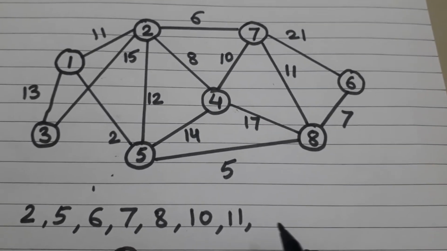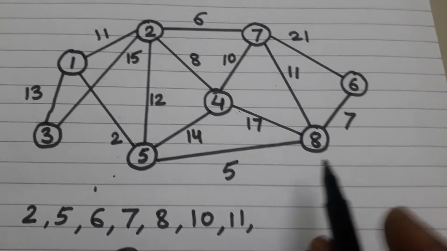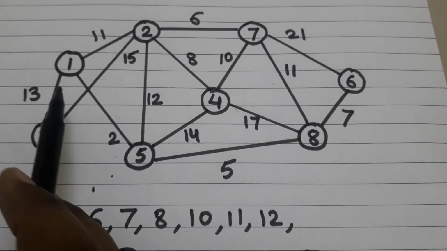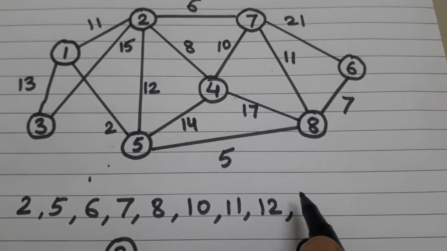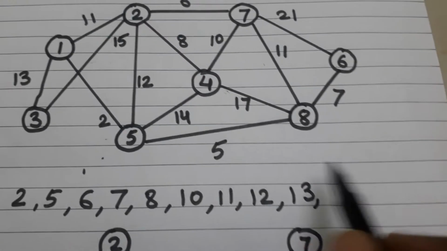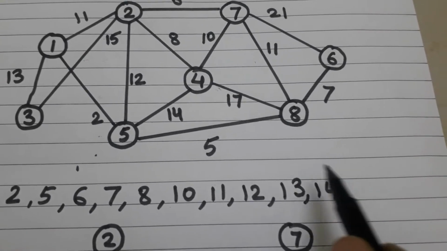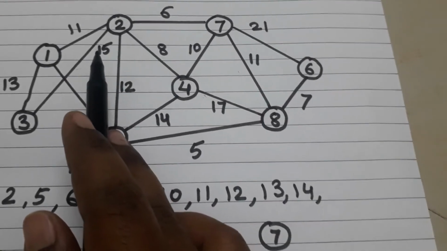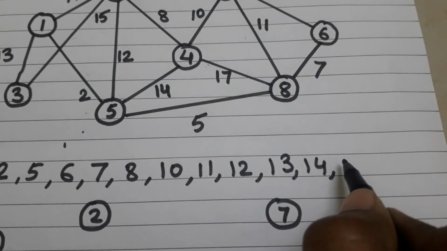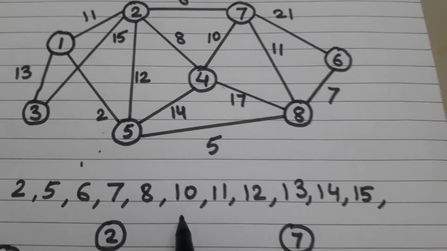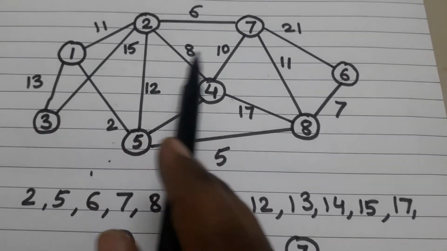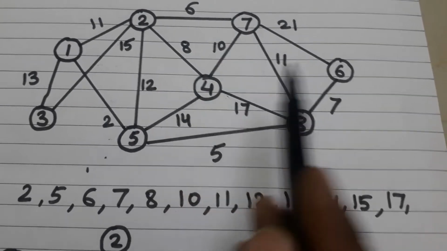And after 11, the next edge is 12, then 13, after 13 the next edge is 14, after 14 the next edge is 15, after 15 it will be 17, and after 17 the last edge is 21.